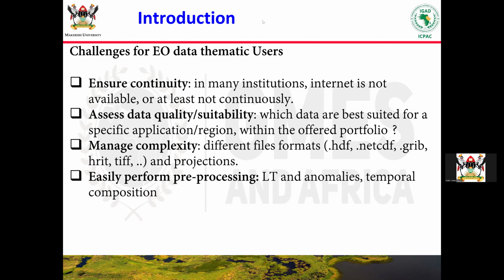So whenever you're going to do research, whenever you're going to do analysis, whenever you're going to work with Earth observation data or remote sensing data, the first question that comes to your mind is, where can I get this particular data? Where can I download it from?